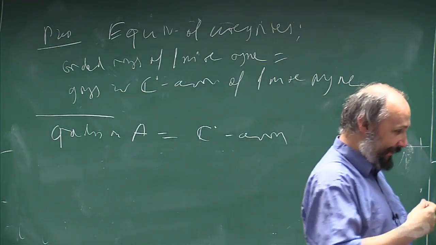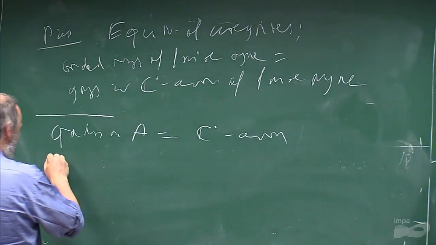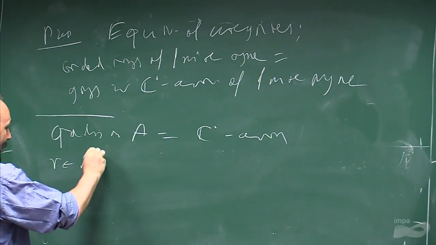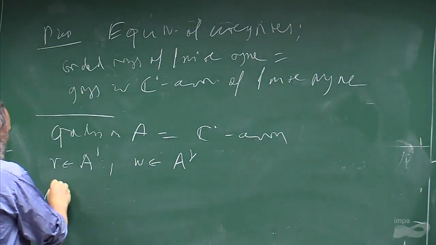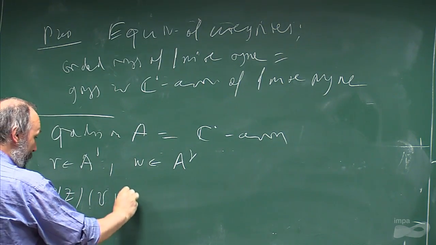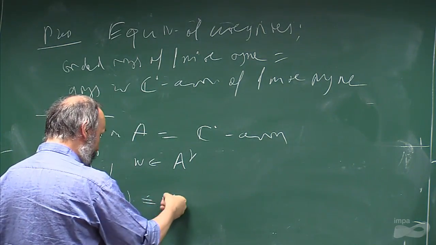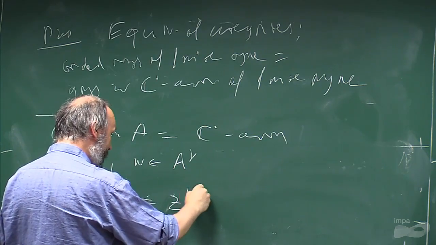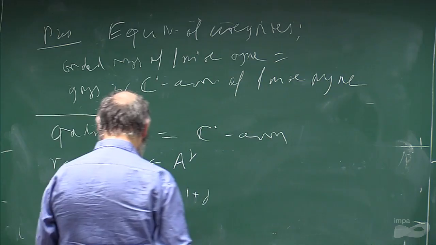Now we need to check that compatibility with multiplication means precisely this. If you have v belonging to A_i, w belonging to A_j, then rho of z of vw is equal to z to the power i plus j times vw, assuming this is a graded ring.